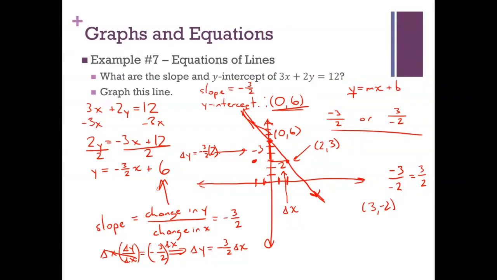What is -3/2 times 2? It'll be -6/2 or -3, which is the change in height from that left point to that right point. From the y-intercept, we went down 3 places and right 2.